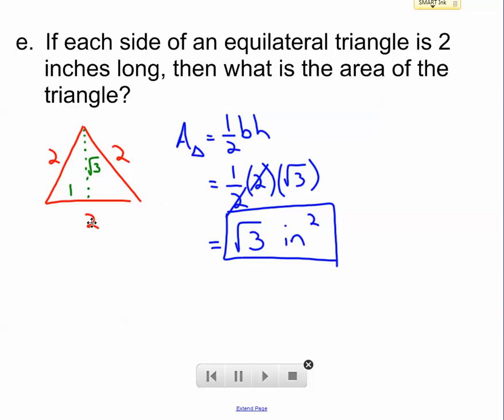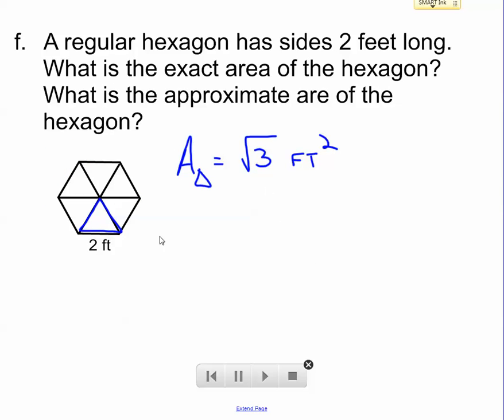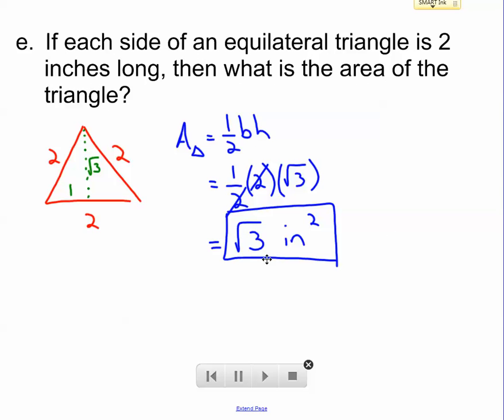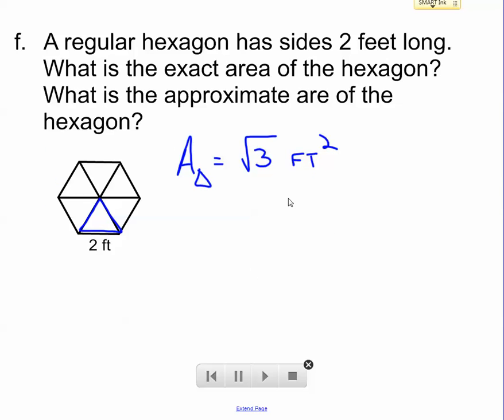It was in inches over there, but now we're working in feet. So we just did the work: square root of 3 square inches, so square root of 3 square feet. Why repeat our work? And so the area of the entire hexagon would be 6 times that. Total area: 6 times the square root of 3.